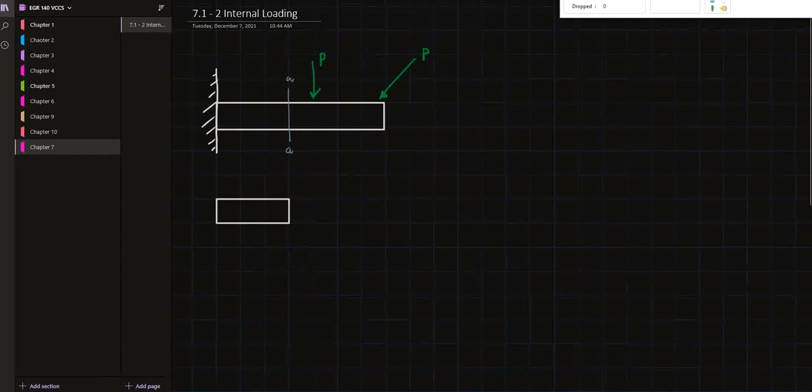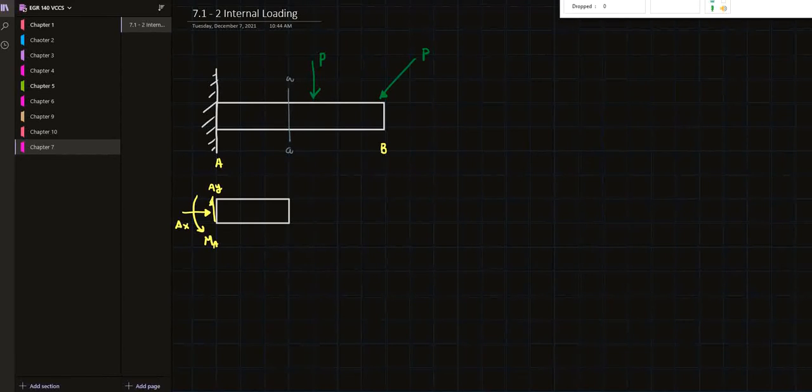And what we end up with here is our reactions. So we'll have a force in the x direction, AX. We'll have a force in the y direction, AY, and a moment about A. So let's call this A, this B, and our section is C here.